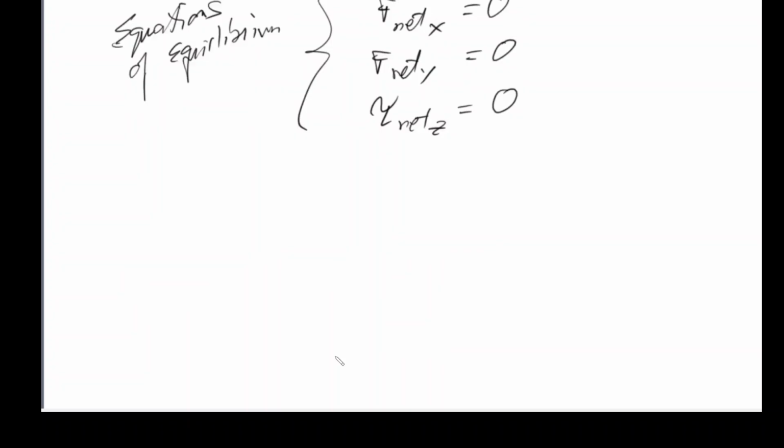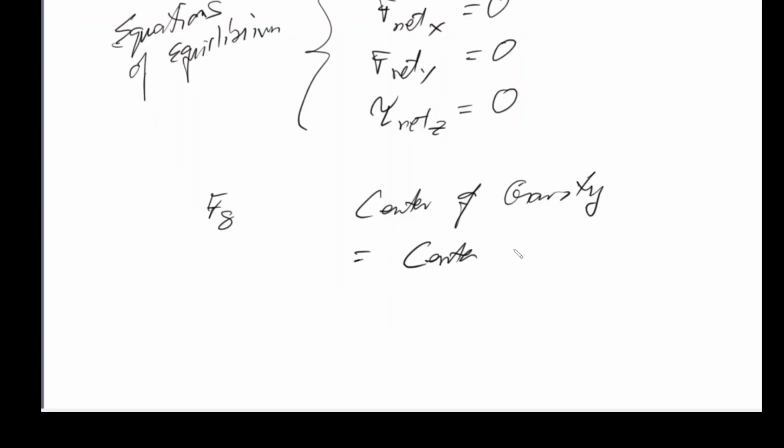For most cases, the gravitational force is the same throughout a body. We then find that the gravitational force, F sub G, acts at a single point in the body, its center of gravity, which, in this situation where g is the same throughout the body, is the same as the center of mass.